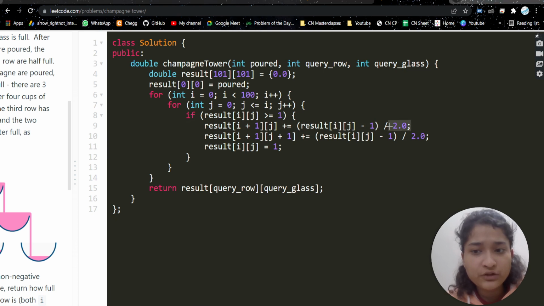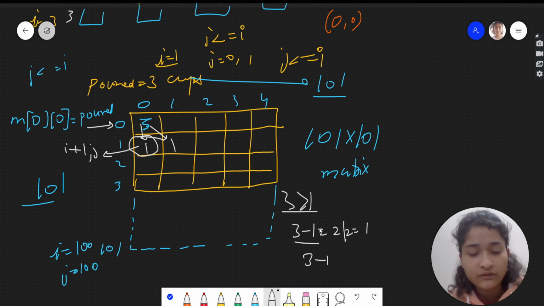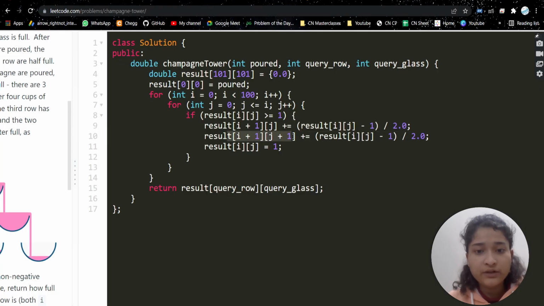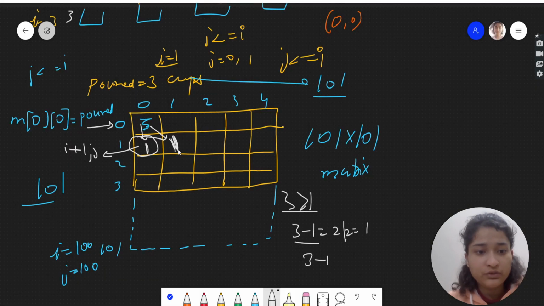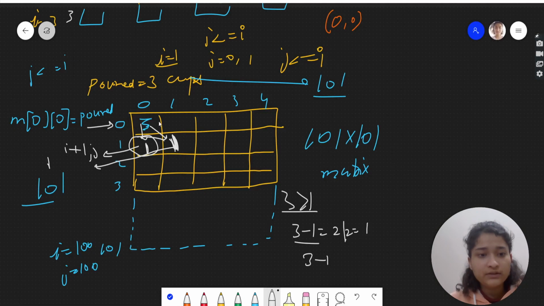We are taking 2.0 so that we can get a decimal like 1.5. Fine. So here 1 will be stored, and in I plus 1 comma j plus 1, here 1 will be stored. So left also and right also, the amount is spilled equally. And this you will replace. Now since you have spilled here, right, here we'll store 1 only. Because now we have equally spilled, right? So here 1 will be stored and the rest is in the left and right.